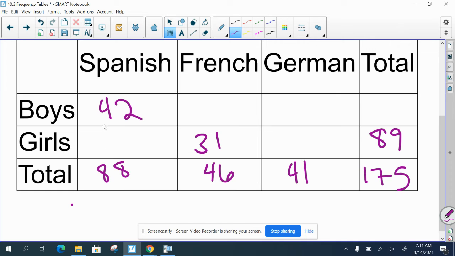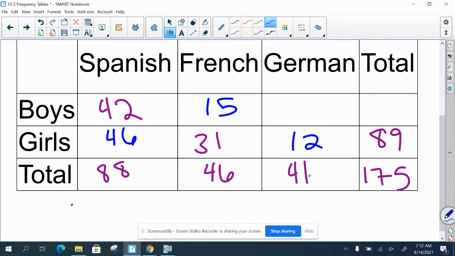All right, so then we're just going to add or subtract to get your other numbers. First of all, I can get Spanish and girls by doing 88 minus 42. That would be 46. And then I can do 46 minus 31 to get 15 students who are boys taking French. If I add up 46 and 31, I get 77, and 89 minus 77 would be 12.